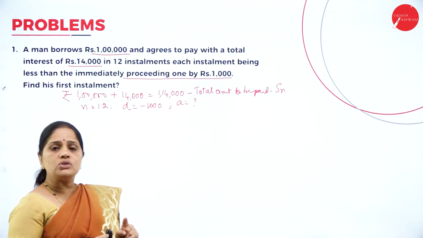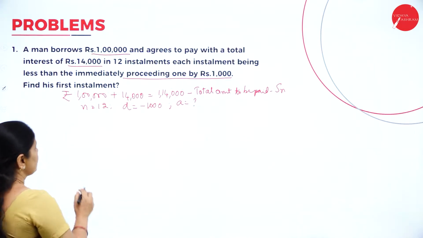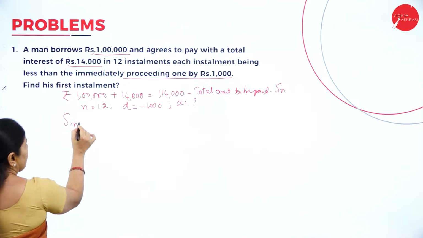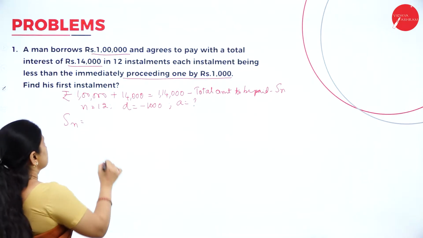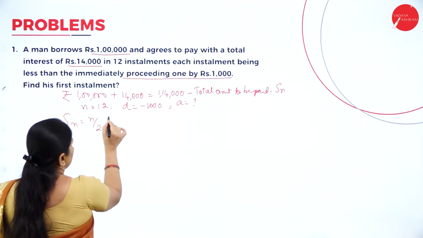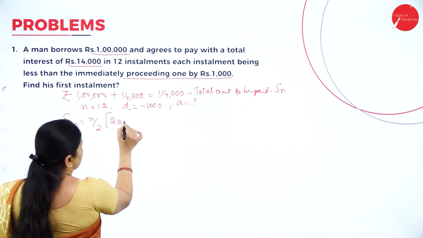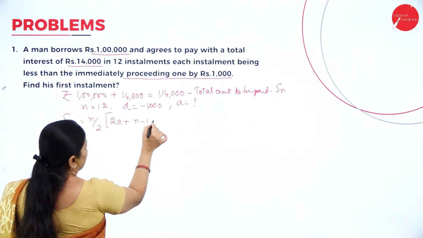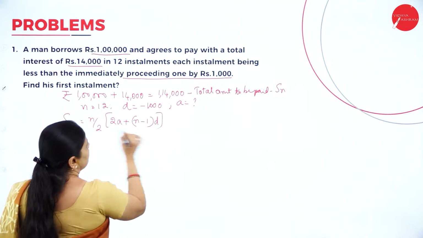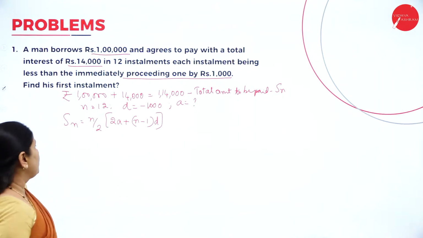So, we will make use of the formula. What is the formula here? Sn equals n by 2 into 2a plus n minus 1 into d. So, this is the formula.